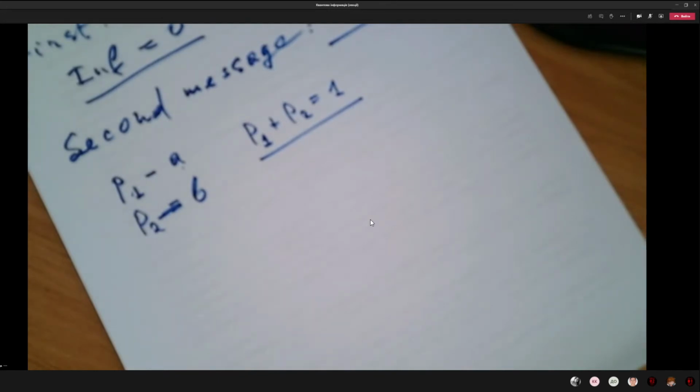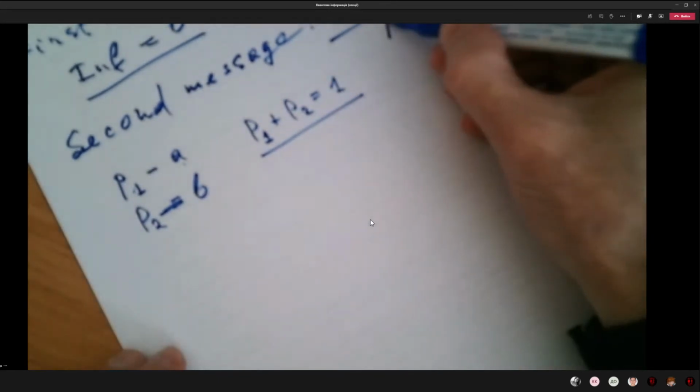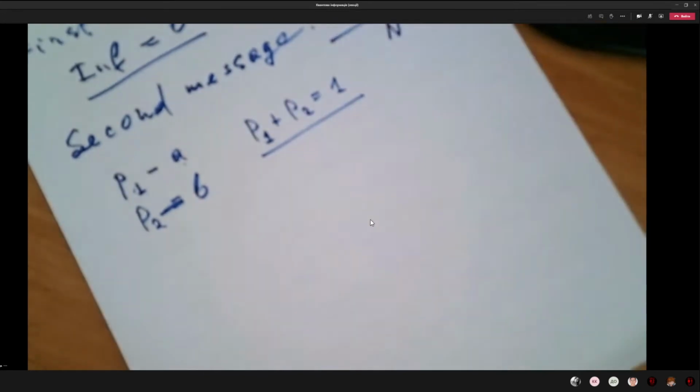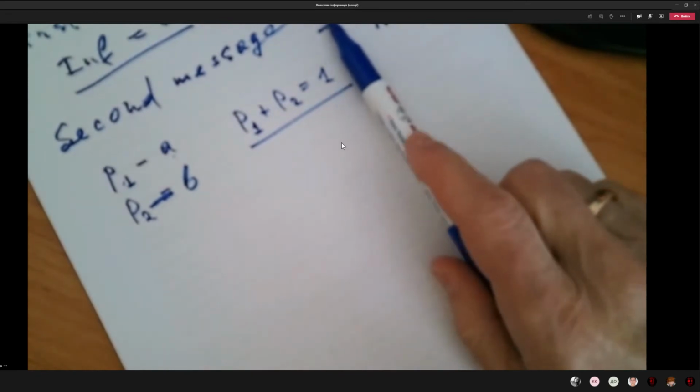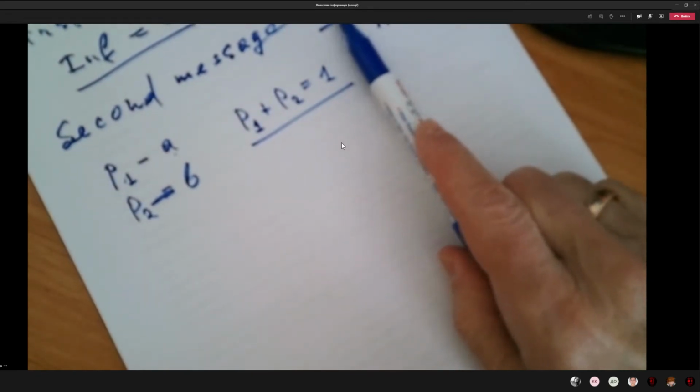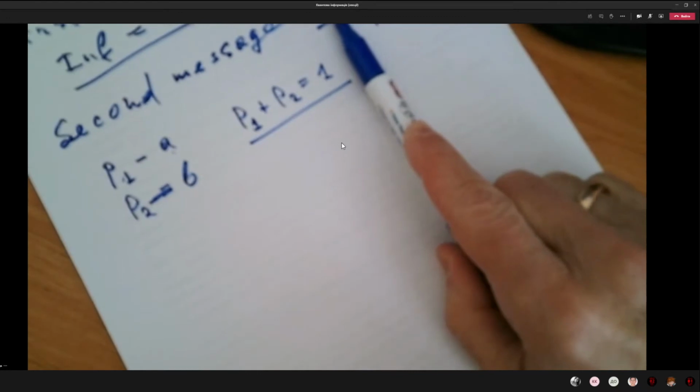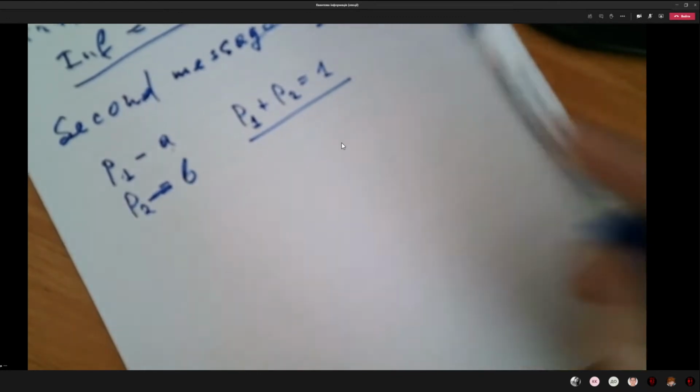Let this message contain n symbols, and let n be a sufficiently large number. Then we can calculate how many symbols A and how many symbols B we have in this message.